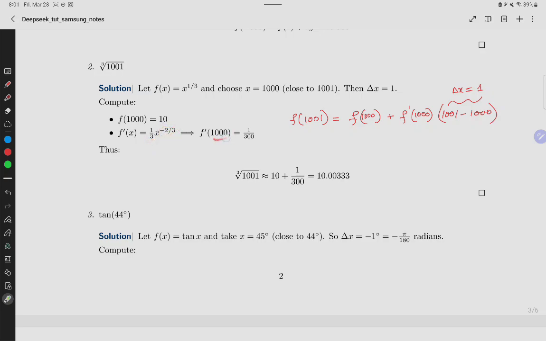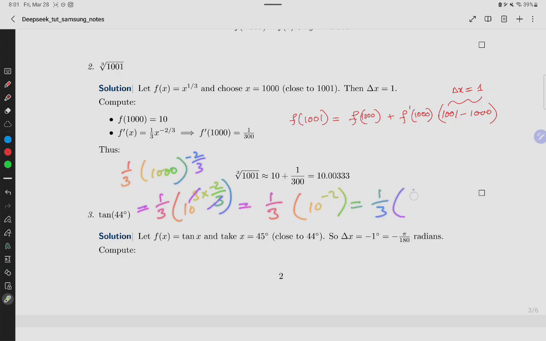If you evaluate this at 1000, you get 1/3 times 10 to the power minus 2/3 of 3, which is 1/3 into 10 to the power 3 times minus 2/3. This cancels out, and we have 1/3 into 10 to the power minus 2, which is 1/3 into 1/100, and you get 1/300.